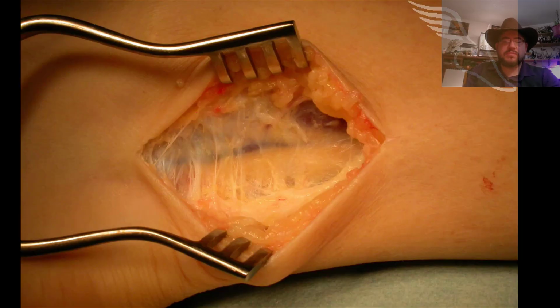And here's some nice loose fibrous connective tissue forming that little mesh inside this surgically dissected ankle, right? So there's some muscle and tendon here. We can see a little bit of fat here.